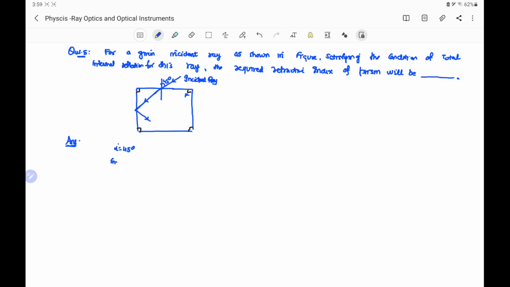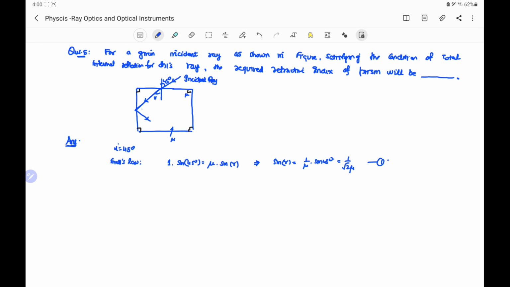Therefore, using Snell's law, we can write that refractive index of air into sine of angle of incidence, that is 45 degrees, will be equal to the refractive index of the media, which is mu, into sine of angle of refraction, suppose it is R. This implies that sin R will be equal to 1 by mu into sine 45 degrees, and sine 45 is 1 by root 2, so it is equal to 1 by root 2 mu. This is the equation number 1.